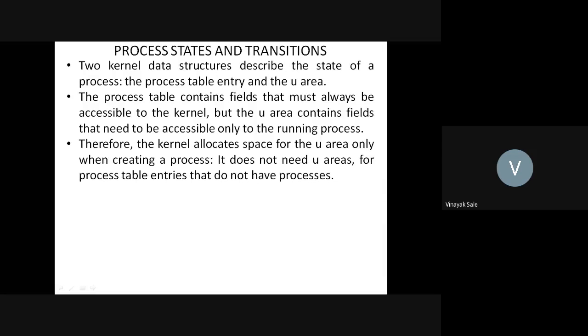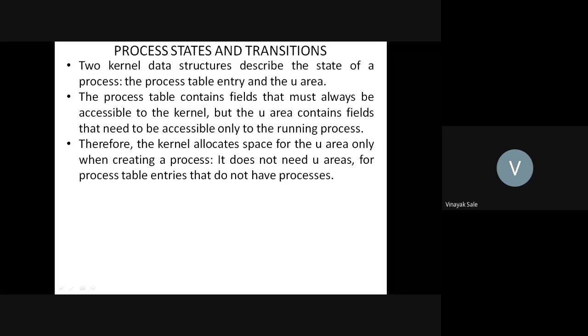The process table contains fields that must always be accessible to the kernel, but the user area contains fields that need to be accessible only to the running process, not other processes. The user area fields are accessible to the kernel at the time of the running process.